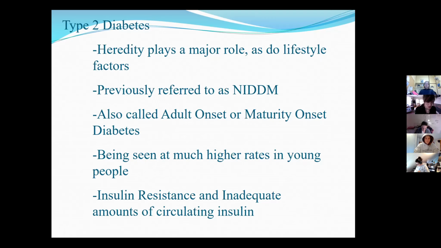And type 2 diabetes is going to be a combination of insulin resistance and inadequate amounts of circulating insulin. Type 2 diabetes actually has a much more complex pathophysiology than type 1 diabetes. Type 1 diabetes is easy. The beta cells don't produce insulin, period. Type 2, it's a lot more complex, and we'll talk a little bit about that for sure.